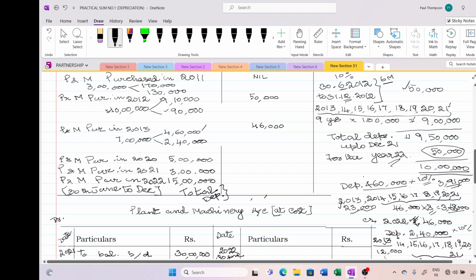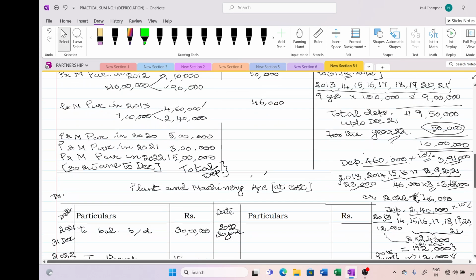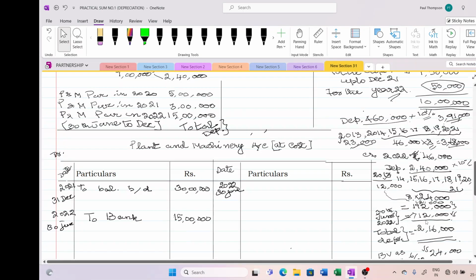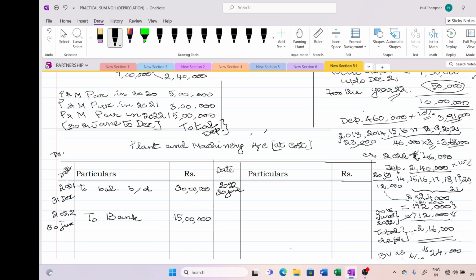The second machine is 2,40,000. Again the same policy: first half year is 12,000. Another 8 years, every year 24,000. 24,000 into 8 is 1,92,000. So 12,000 already in the year of 2013. Now for this year we have to do it only for half year, because this machine is sold during 2022, on 30th June.